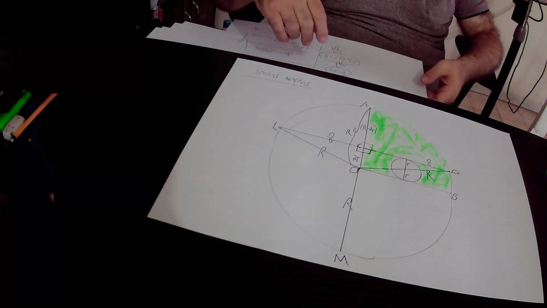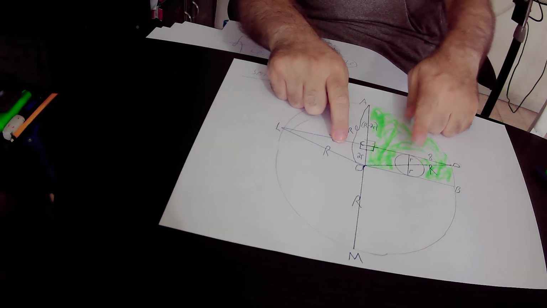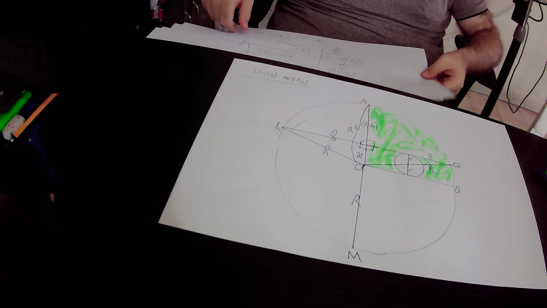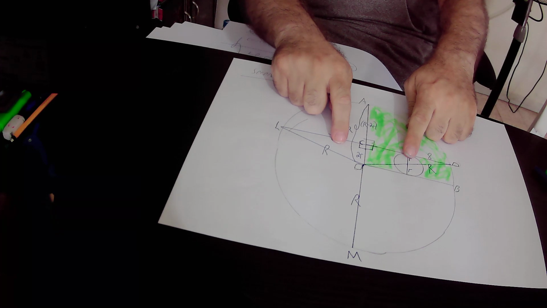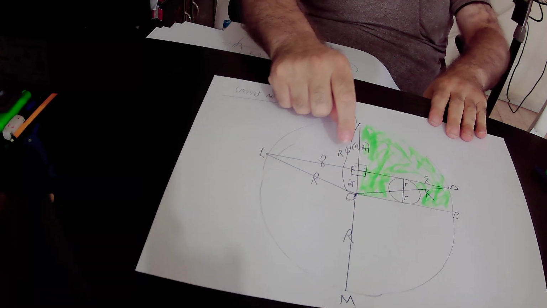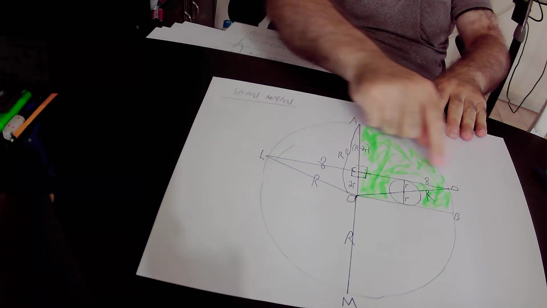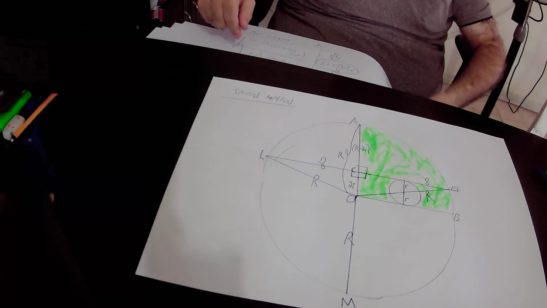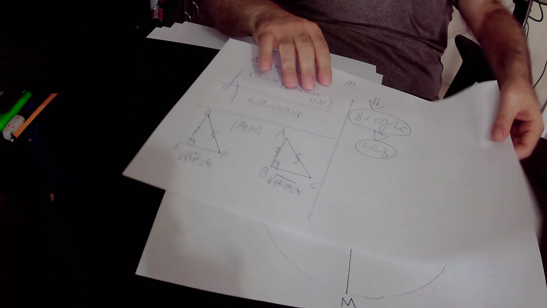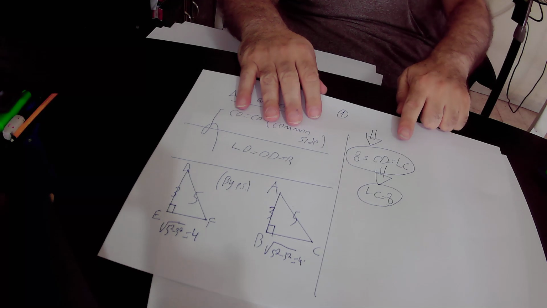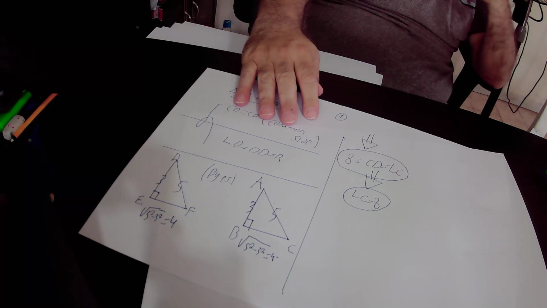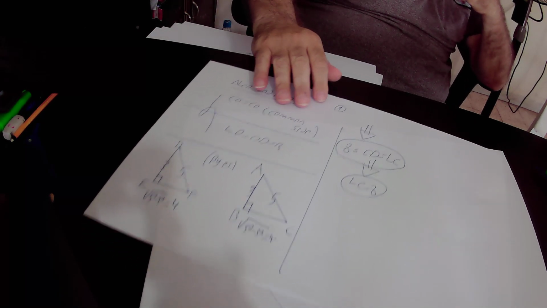So we found out that those two right triangles can go into each other, and from this fact we will derive that CD equals CL, according to the rule that corresponding sides in congruent triangles are equal to each other.